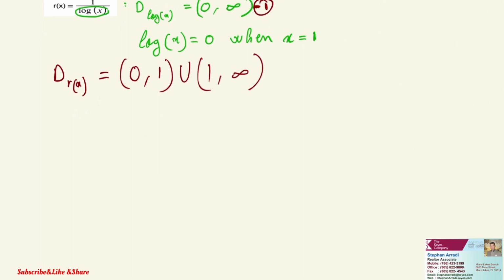Let's go to the last one. So in this case, where is this function restricted? Here on the top is okay, just a polynomial, could be any number, all real numbers. However, in the bottom we see the square root of the absolute value of x minus 1 should be positive and shouldn't be equal to 0, so it will be greater than 0.